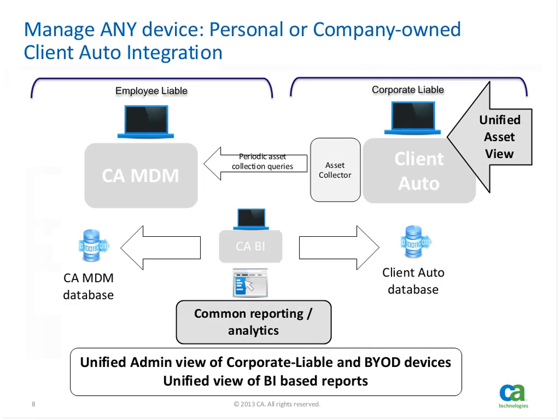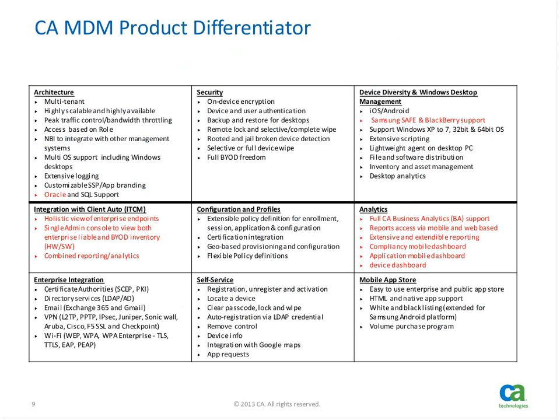The first order of integration is essentially extracting the information about CA-MDM from the database, all the application and device inventory, and then converting using asset collectors and doing a periodic poll and presenting it as a unified inventory and application view from a Client Auto point of view. And we have some exciting, interesting new roadmap items that Laurel will share where we are taking it to the next level as well.